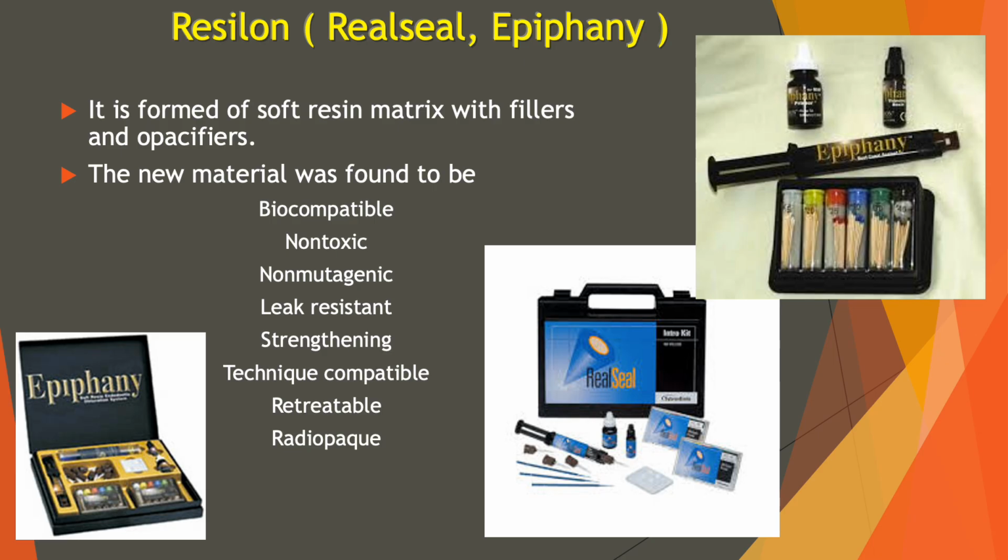It's biocompatible, non-toxic, non-mutagenic. It's strengthening. But the most disadvantage for the Resilon is the retreatment. It's very hard in retreatment. The commercial names of the Resilon are Real Seal and Epiphany.